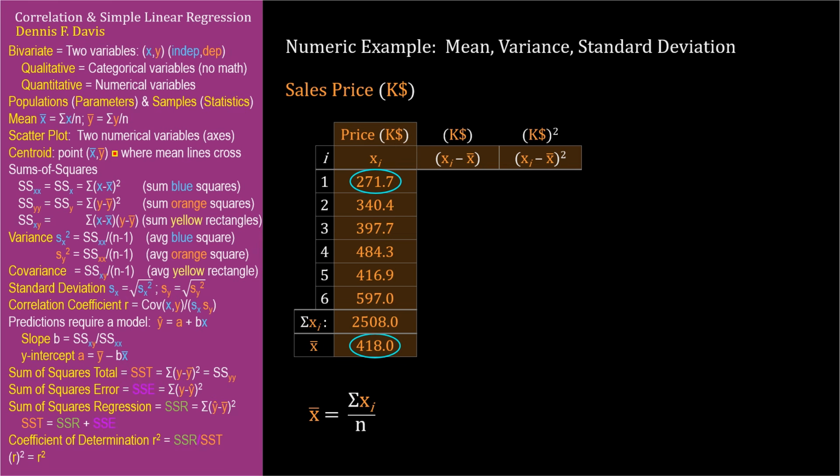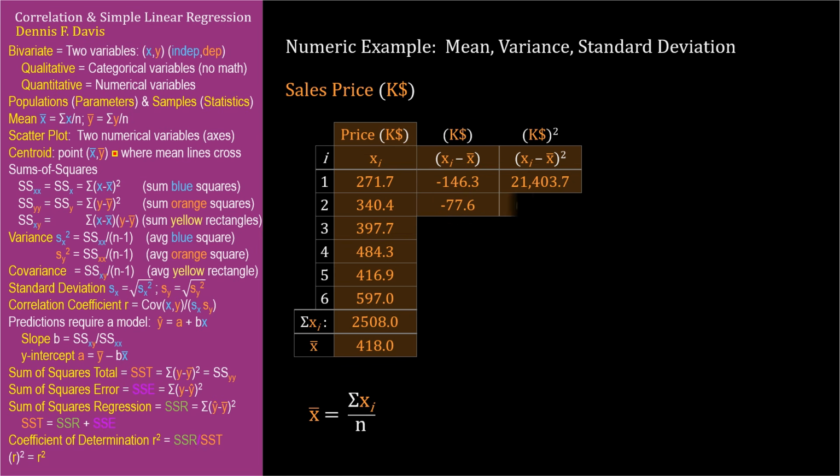X bar is going to be 418.0 K dollars for every point. So 271.7 K dollars minus 418.0 K dollars is negative 146.3 K dollars. Then for the next column, we square this number. We get 21,403.7 K dollars squared. I'll just carry 1 decimal place.